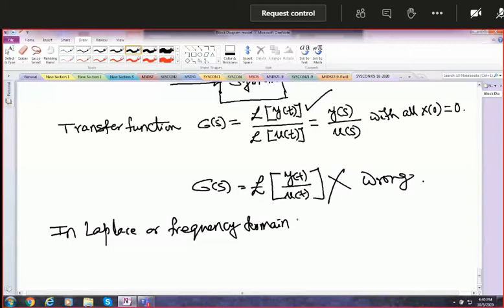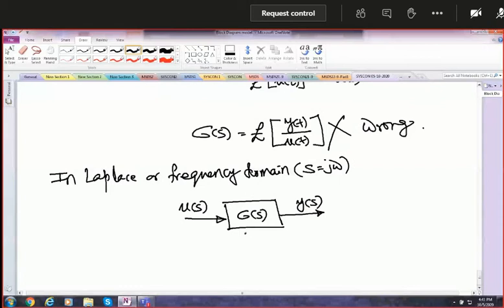So you have U(s), the system is G(s), and the output is Y(s). This G(s) is the system. So this is what a transfer function is. Yes, any question?